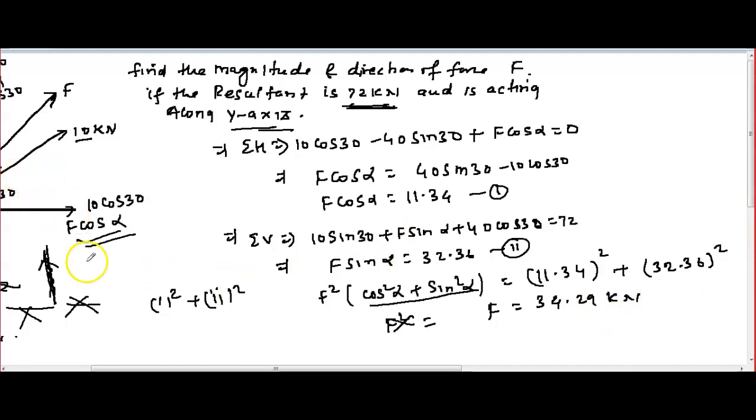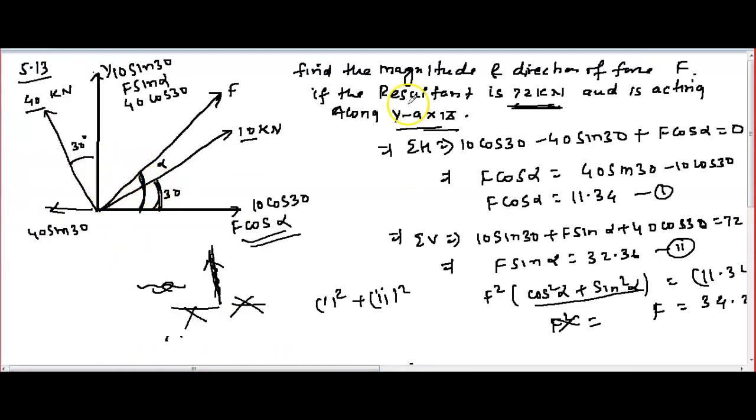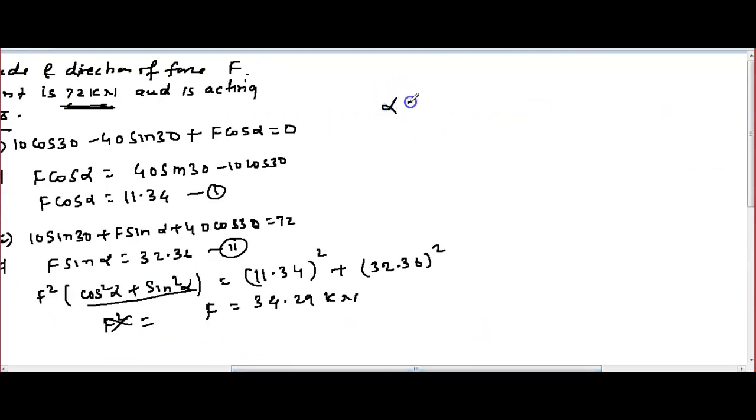We also have to find the angle alpha, the direction of F. So alpha is equal to what? Tan inverse of... These two equations you can divide to find alpha.